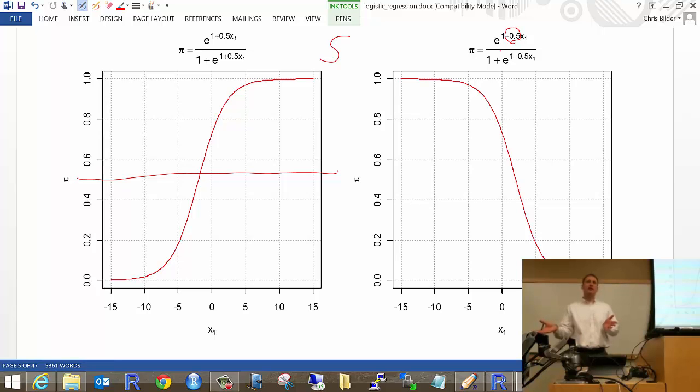How do you think you should make that judgment? So if pi is greater than 0.5, how about you classify that observation as a success, or y equal 1? If it's less than 0.5, classify it as a failure. That's simply how it works.